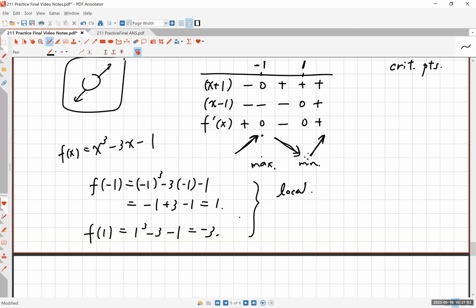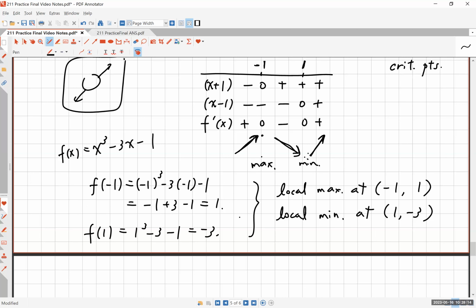So you have a local maximum at x equals negative 1, and the local maximum value happens to be 1 at that point. Now you also have a local minimum. Where is that? That's at 1, and the value of the local minimum is negative 3.